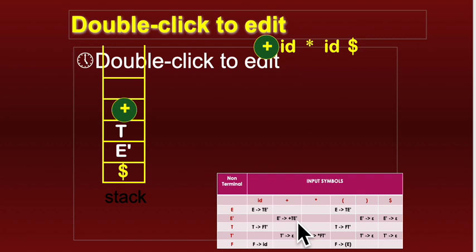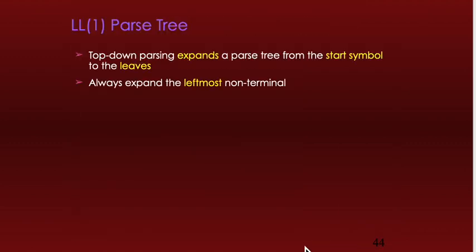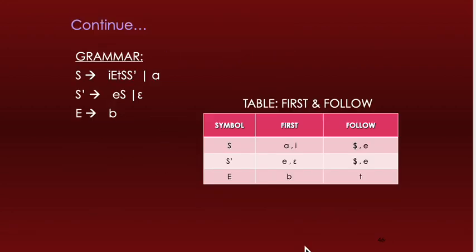When both are the same, we pop the top of the stack and the input as well. This is how you write it: these are the stack symbols, this is the input, and this is the action. Finally, when the input is empty and the stack is empty, we say the string is accepted. This is how you do the parsing and create the parse tree.